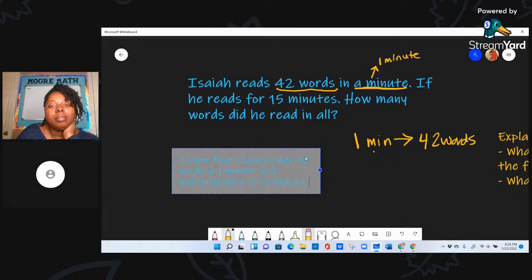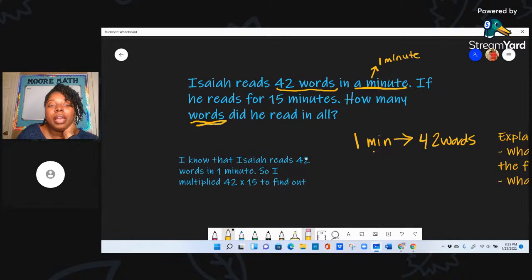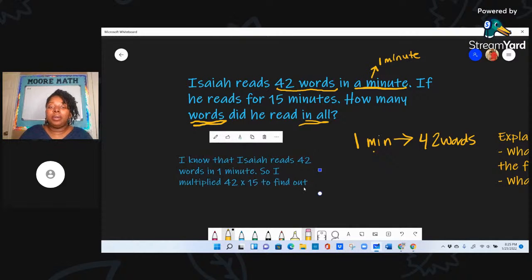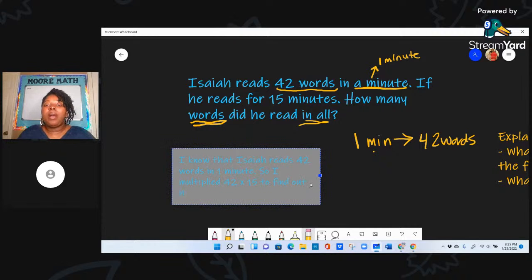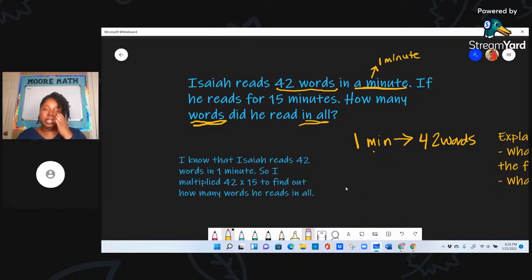Words. Words, good. So we want to know how many words he reads in all. So I multiplied to find out how many words. You just repeat the question: he reads in all. A lot of explaining your work is going to be repeating the information they gave you in the problem.